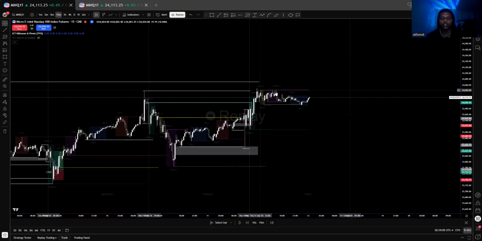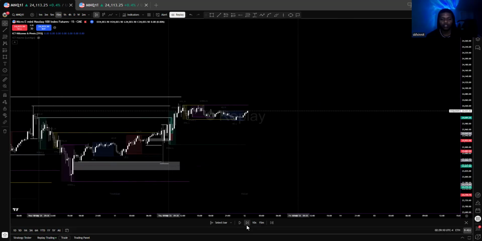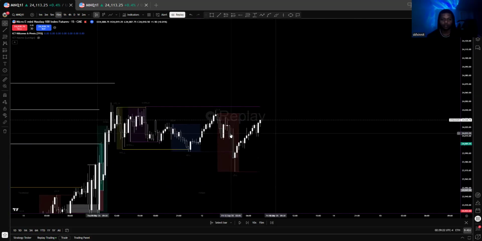Dude, this is actually NQ. Yes. God damn. So we actually swept this liquidity down below. That's an inverse fair value gap.